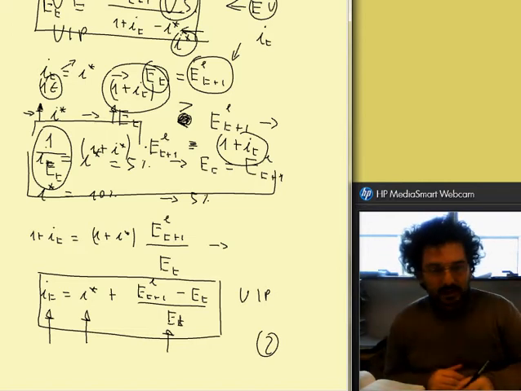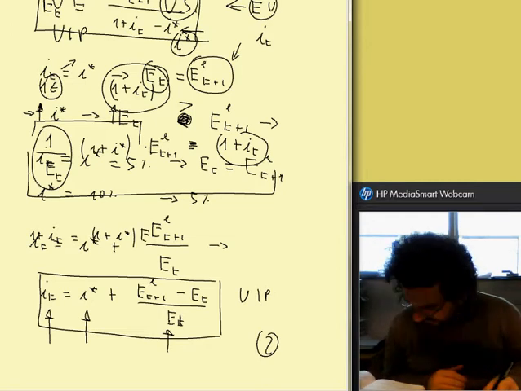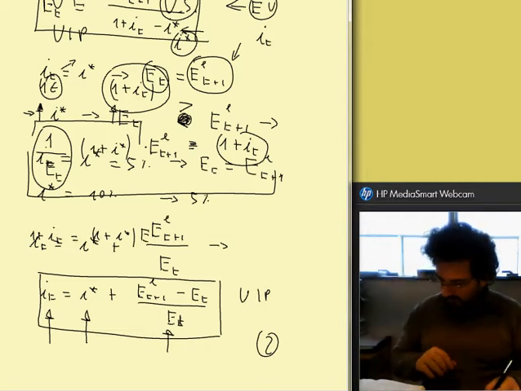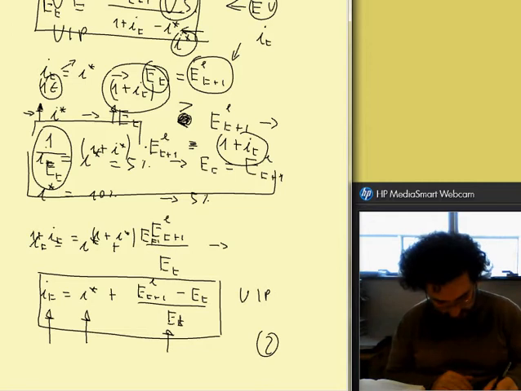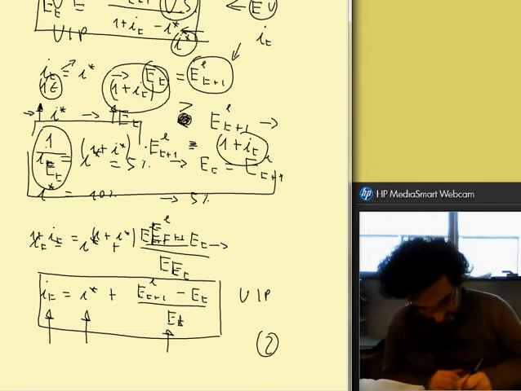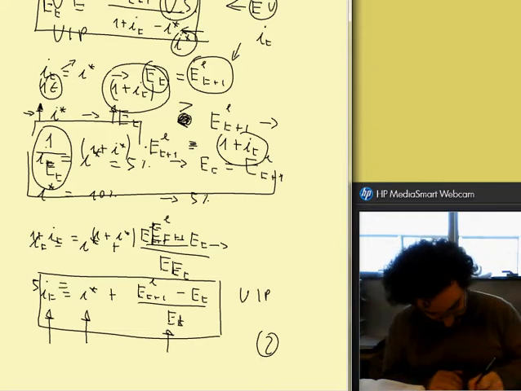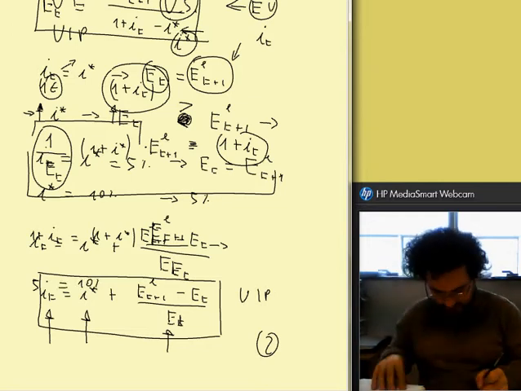So if we write the uncovered interest parity, this is IT equal to I star plus the expectation of E t plus 1 minus E t over E t. So if this is equal to 5%, this should be equal to 10%.